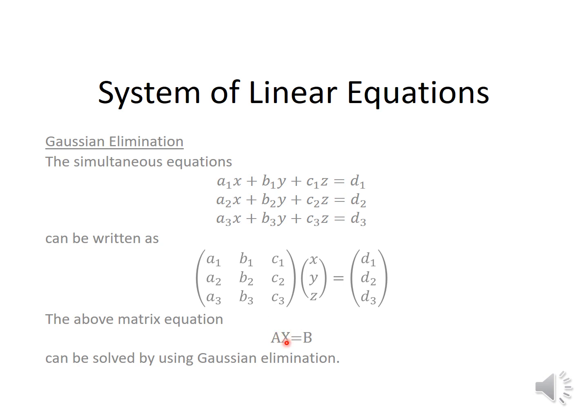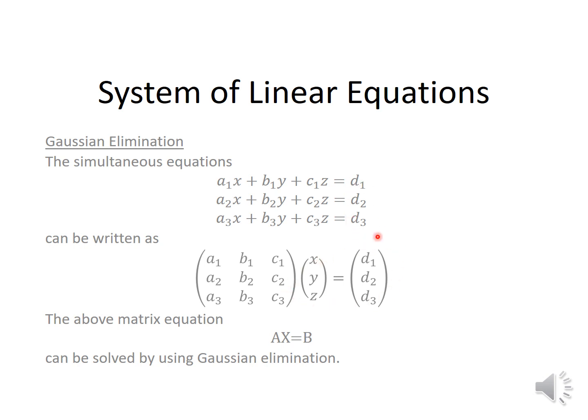The matrix X is a 3 by 1 matrix, and its entries are the unknowns x, y, z. And the matrix B is a 3 by 1 matrix, the constants of these three equations.